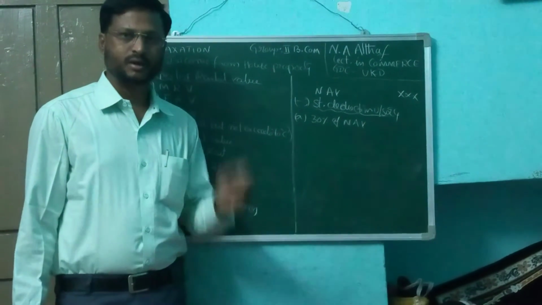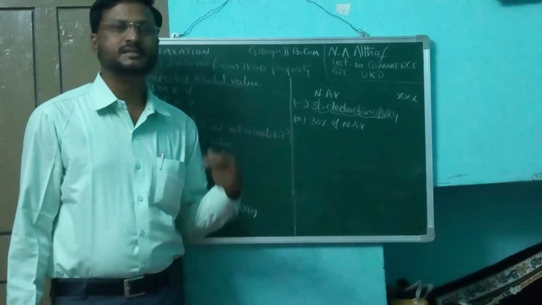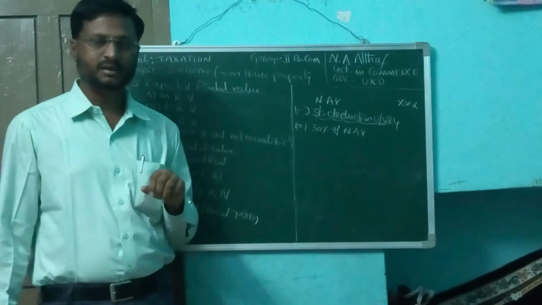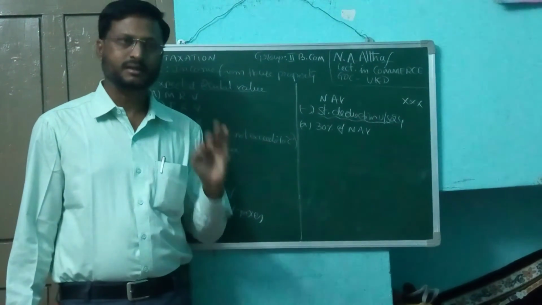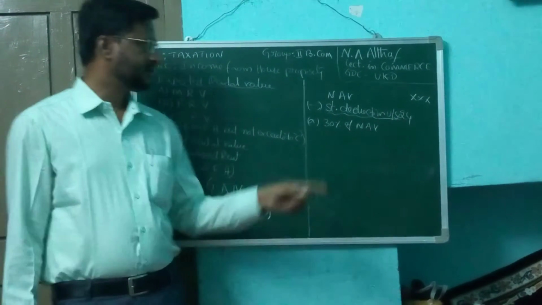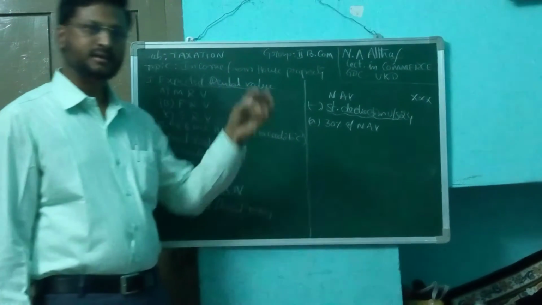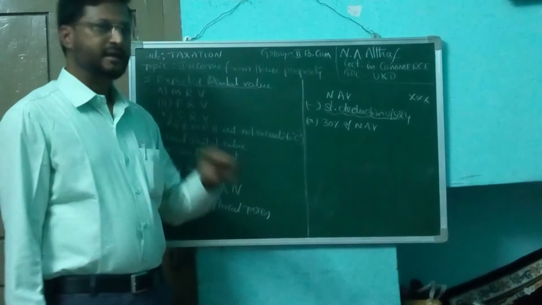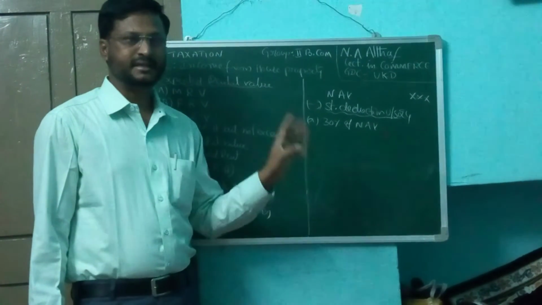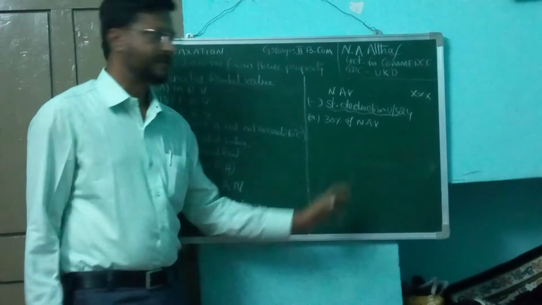Sometimes the owner of that house spends some amount in that year, for example plumbing work, repair work, painting, collection charges. These are all expenses by the owner on that house in that financial year. Out of the total expenditure, we allow only 30% deduction to the owner. It's a relief.